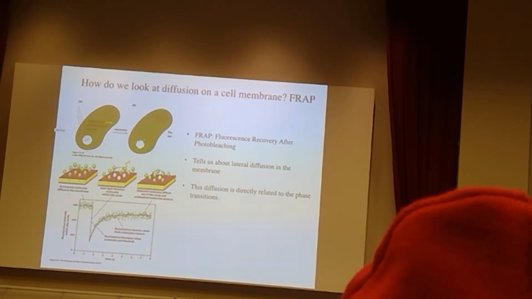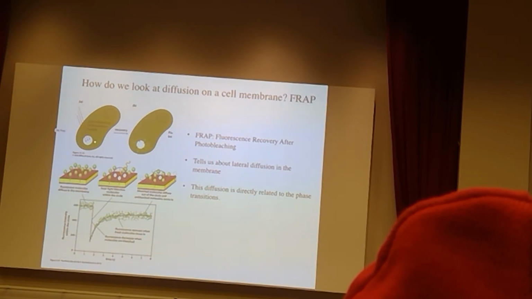That can be quantitated and evaluated through a technique called FRAP, or fluorescence recovery after photobleaching. This is a really cool experiment that also monitors diffusion of labeled lipids within the cell membrane. We're going to take a cell membrane, put fluorophores on there, and then we're going to zap a spot onto the exterior of that cell with a laser.